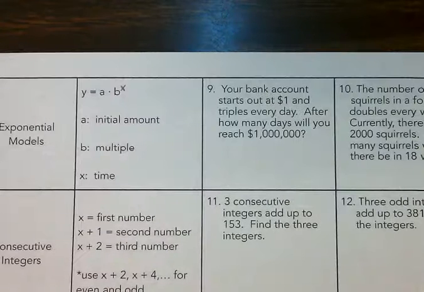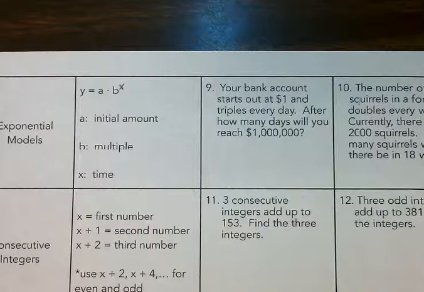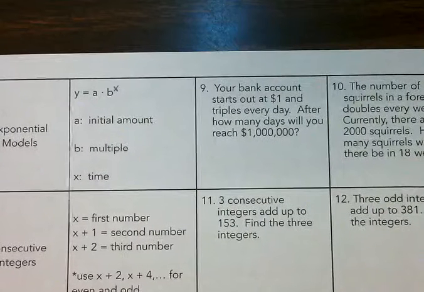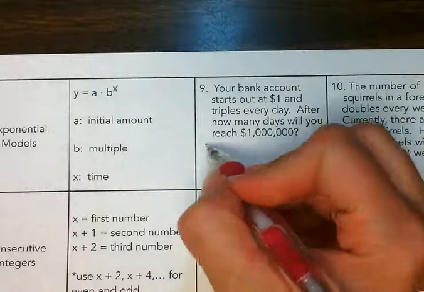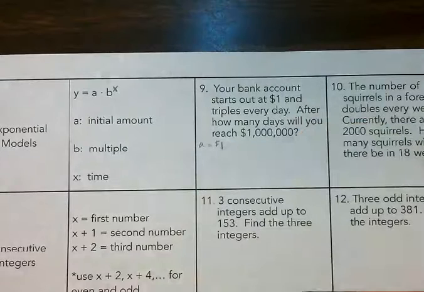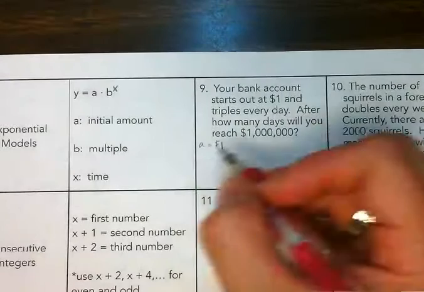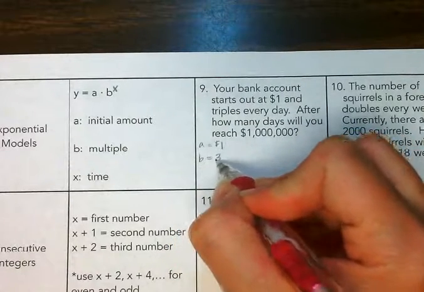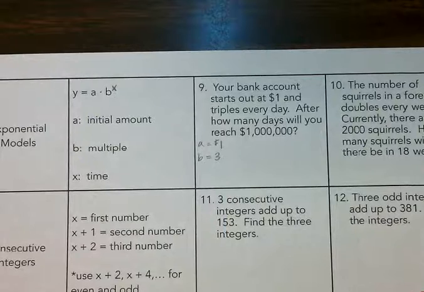All right, so looking at example number 9, your bank account starts out at $1 and triples every day. After how many days will you reach $1,000? So the deal here is that our initial amount is 1, because it's $1, and it's tripling every day, which means that we need to multiply by 3.